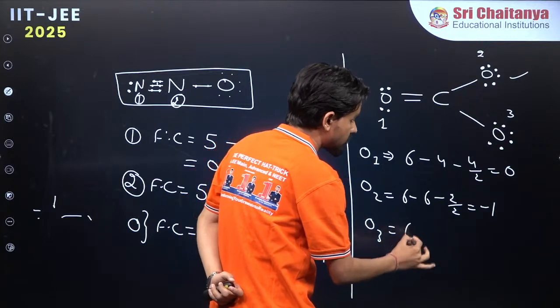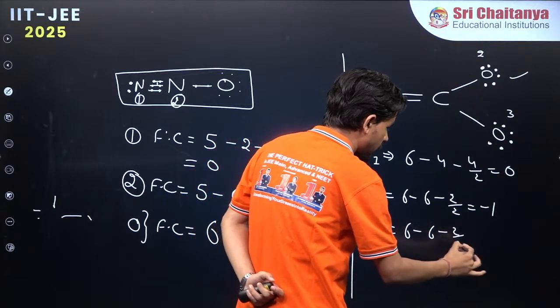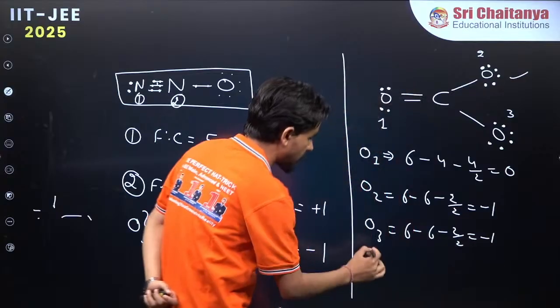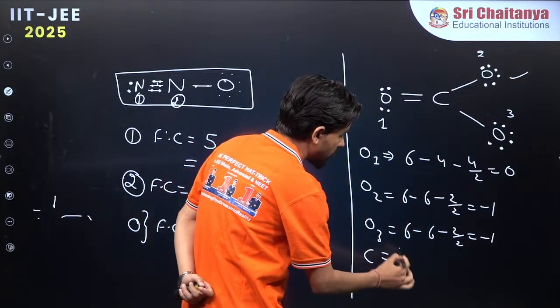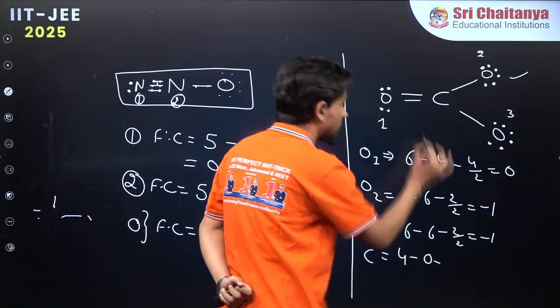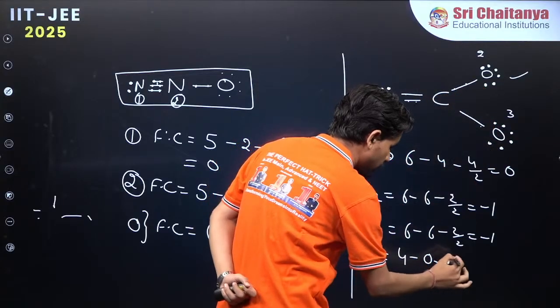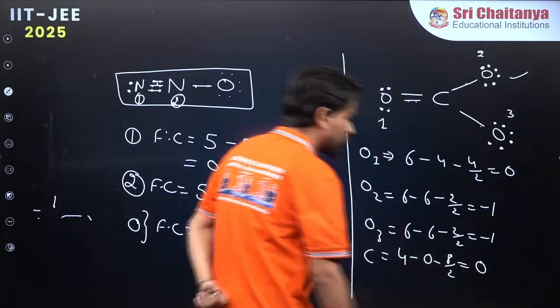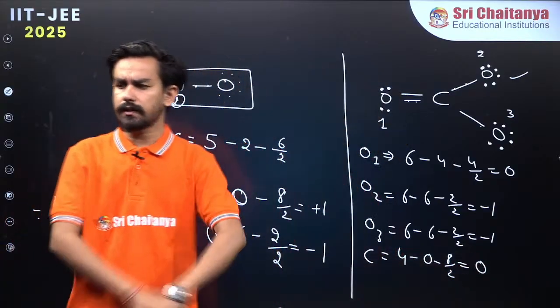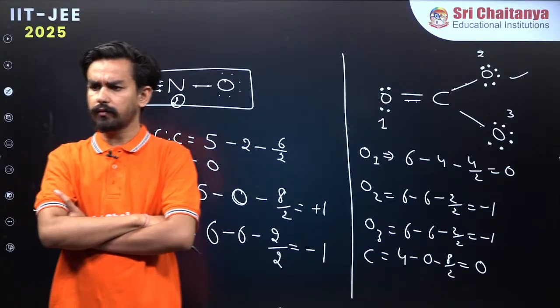Oxygen 3: 6 minus 6 minus 2 by 2, again minus 1. And carbon: 4 minus 0 minus 8 by 2, that is again equal to 0. This is the thing.